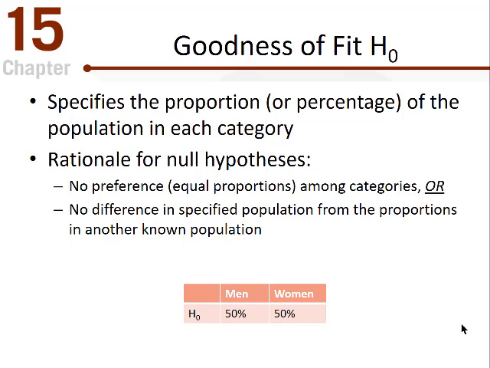Our null hypothesis is always going to be that there are equal percentages or proportions among the various categories, and that there is no difference in the specified population from the proportions in another population. So here, for example, you can see the null hypothesis would be, whatever the issue is, men and women think exactly the same way, right? 50% of men, 50% of women. That's a null hypothesis. There is no difference between the two groups.